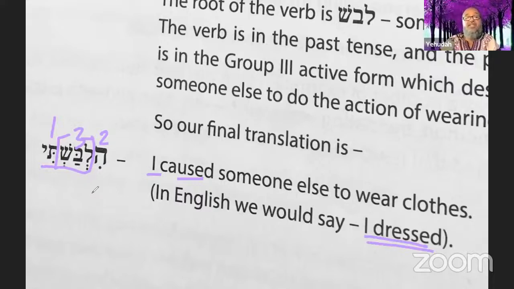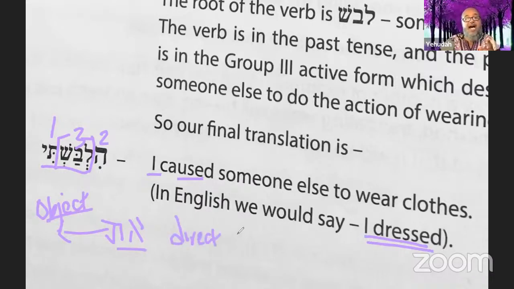And of course, this action will be directed towards, which is an arrow, a direct object marker, towards the object of your verb. This is the reason why it's called a direct object marker.